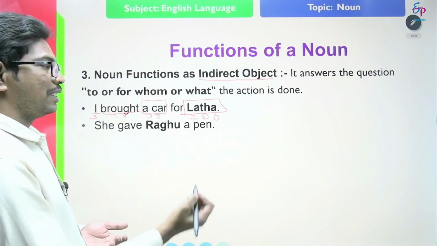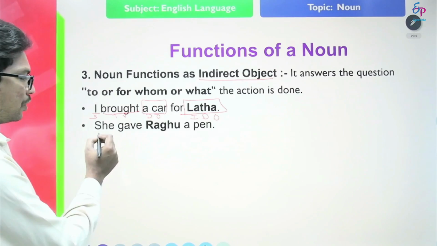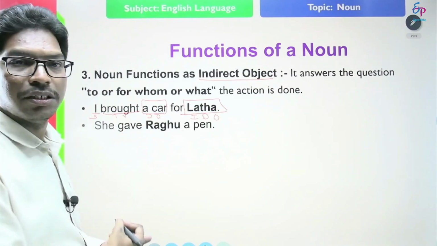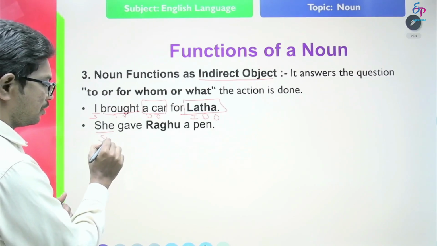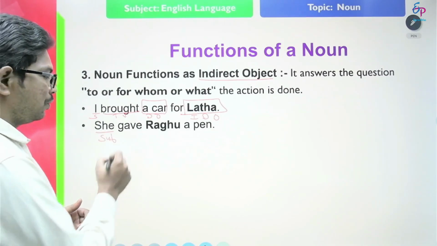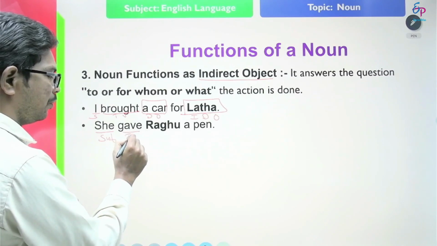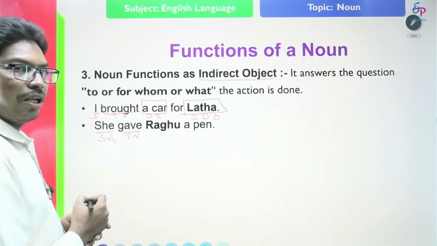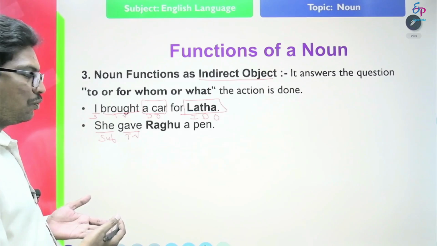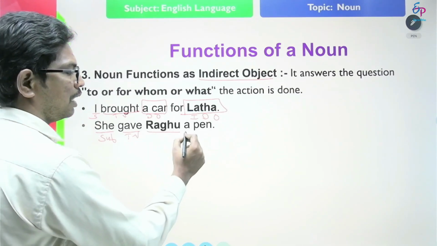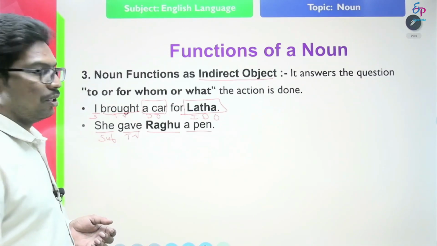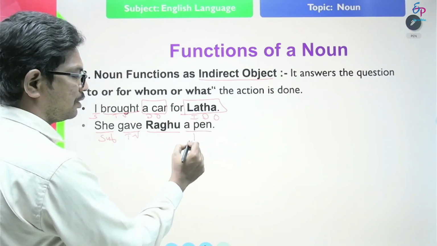So look at some more examples. She gave Raghu a pen. What is she here? This is subject, right? What did she do? She gave. What is gave? Transitive verb. Whenever there is a transitive verb, there should be an object. So what is Raghu? What is a pen? There are two objects. She gave what? Pen. This is direct object.